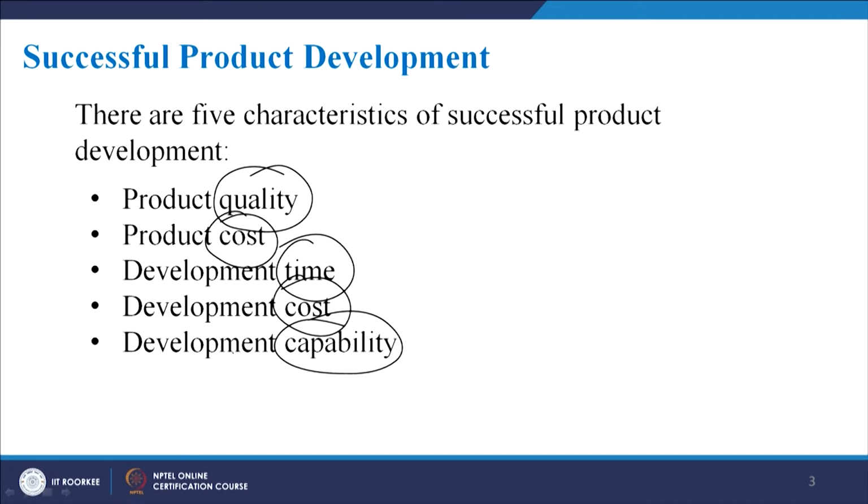So we can see that there are 3 important catchwords here. First is the quality. We cannot compromise with the quality of the product, and there we get the basic idea of value engineering. We will see the definitions in our subsequent classes, but we will certainly be able to address this point, that we have to provide the customer with a product which satisfies the functions for which the customer is buying that product, but at a relatively lower cost, without compromising with the quality, performance, service, reliability, durability, dependability of the product.